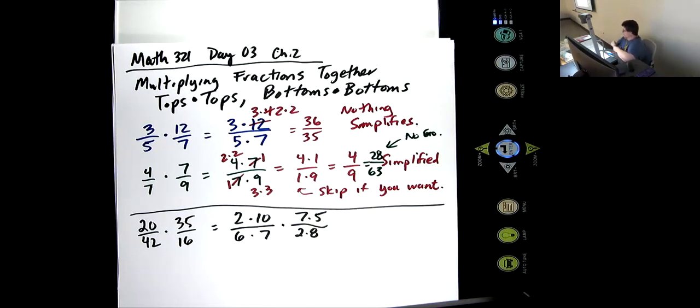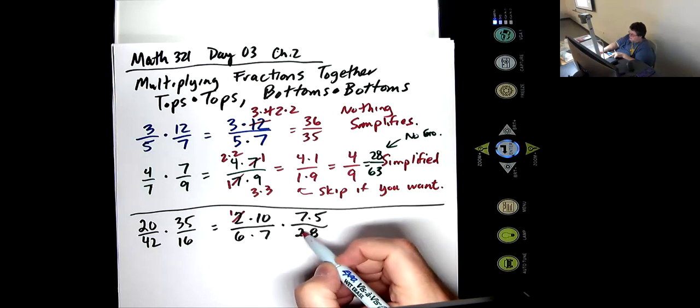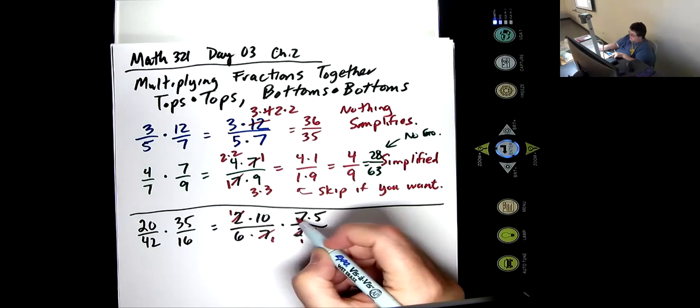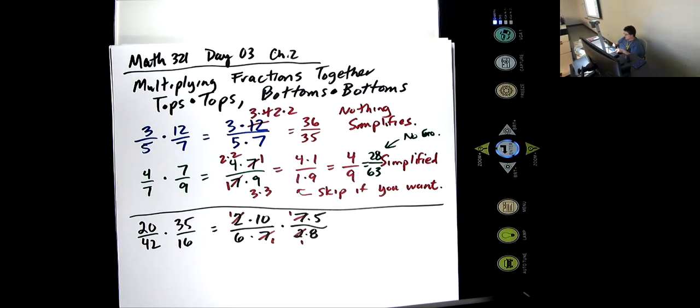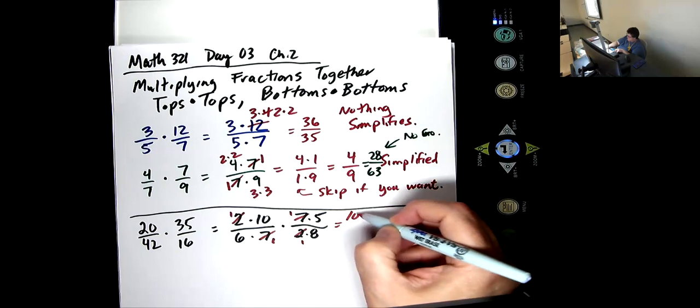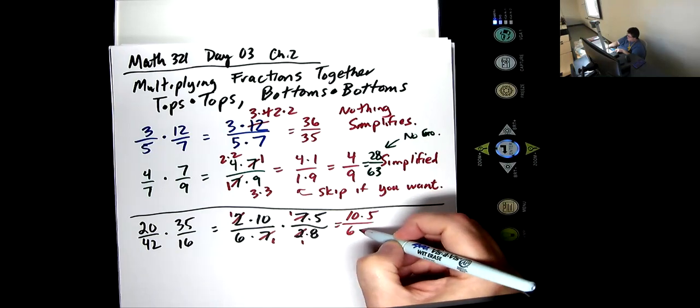All right, some of these can be simplified down more, but before we do, let's clear out what we see that's in common on both top and bottom. The 2s and the 7s, right? So right now we have 10 times 5 and 6 times 8.